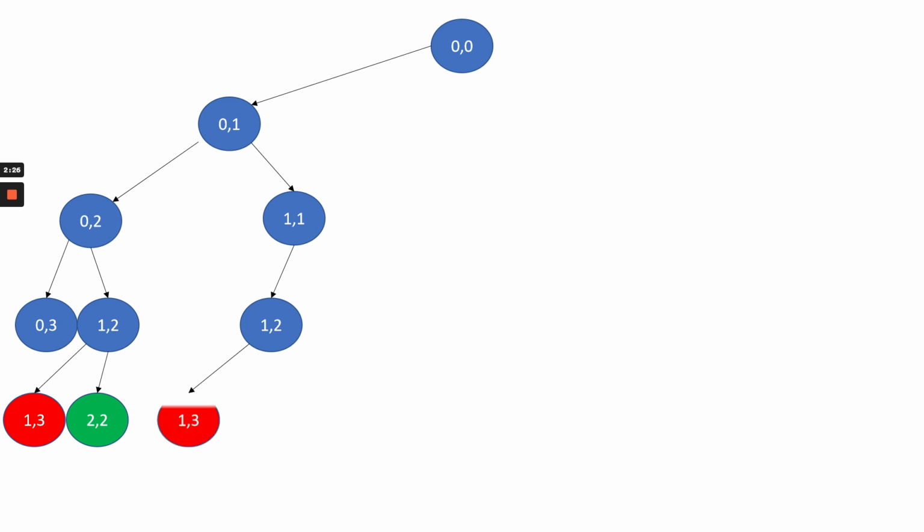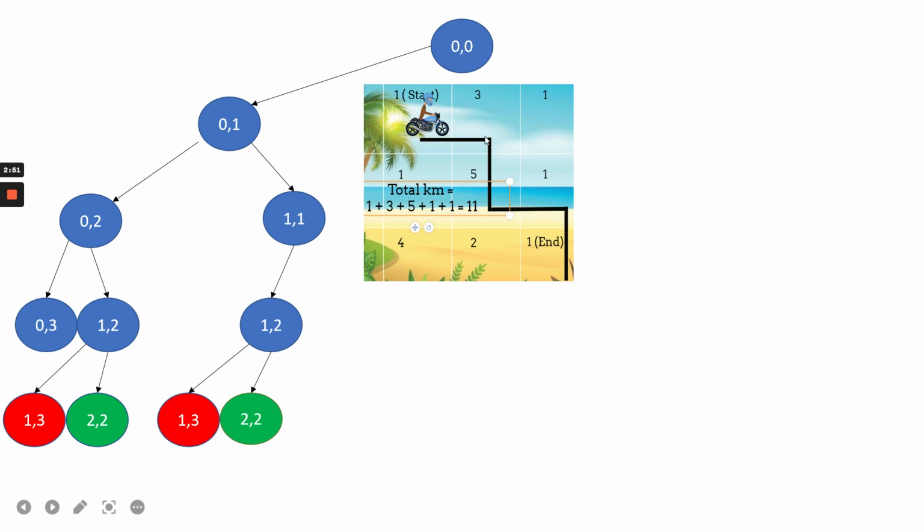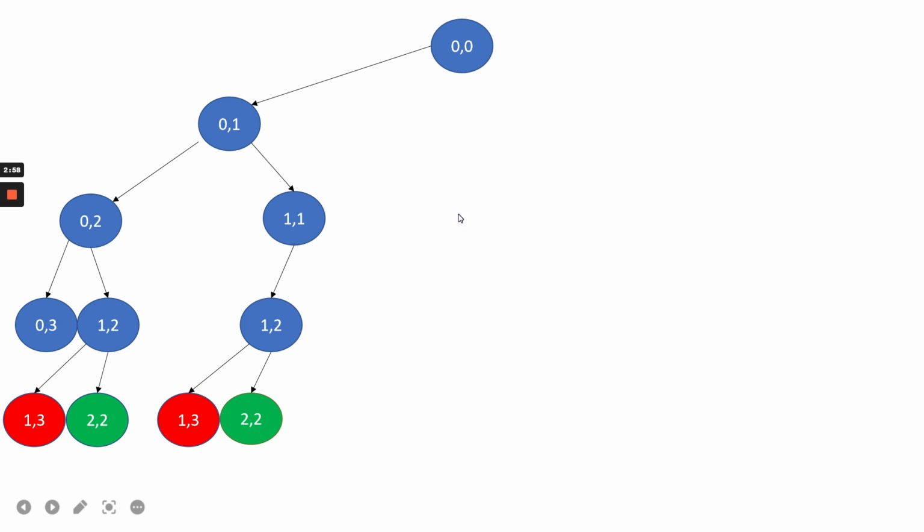Assuming that he moves towards 1 comma 2, and from that he moves towards right, which is 1 comma 3, one of the dead ends because he's reaching out of the island, so we'll return back from that case. From 1 comma 2 he can move down, reaching 2 comma 2, which is the final destination. In this path he travels 1 plus 3 plus 5 plus 1, which is 11 kilometers.